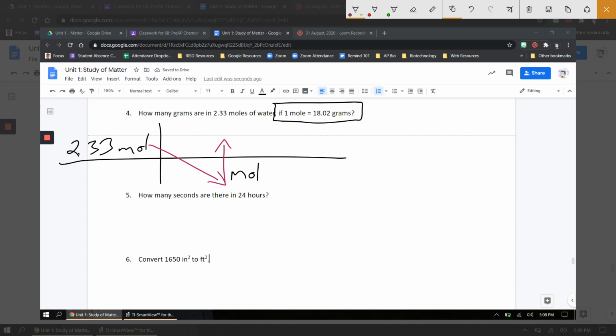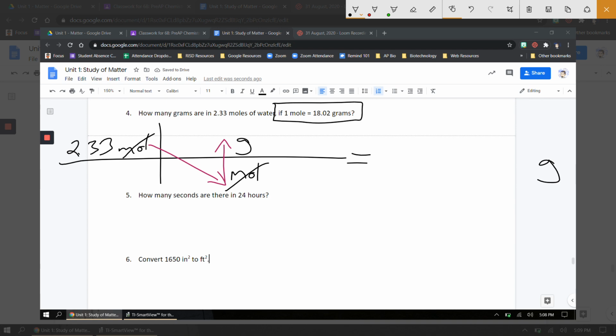They gave us in the box that 1 mole is equal to a certain number of grams, that tells me that I can be confident in converting directly from moles into grams. Again, if they did not give you that information in the box, at this point in the semester, I would not expect you to know what the conversion is. Later you will. But at this point, moles are going to cancel out. We can convert moles into grams because they gave us the conversion factor, so that tells me my answer is going to be in grams.